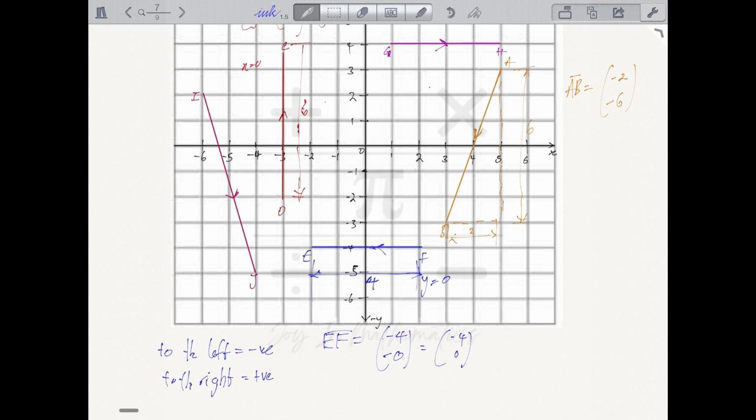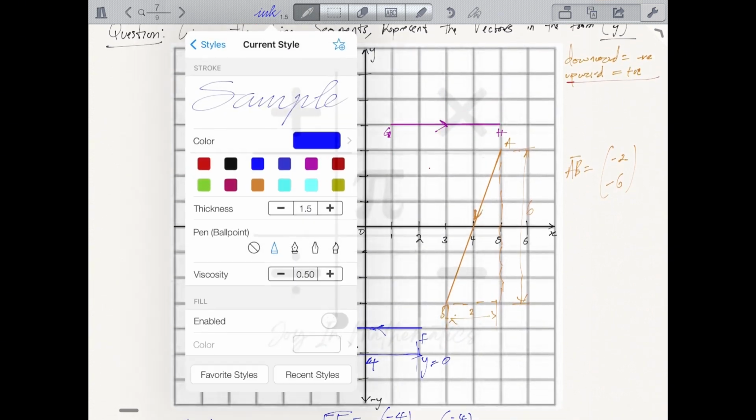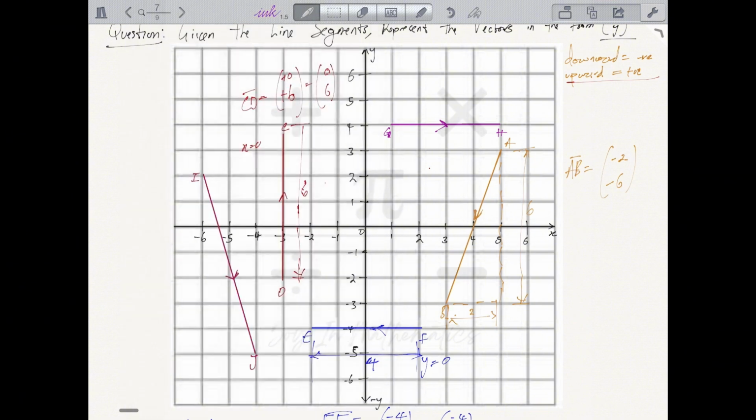With that done, let's move to vector GH. The same thing applies to vector GH. The y component on vector GH is equal to 0. However, the x component is 4 units on the x.